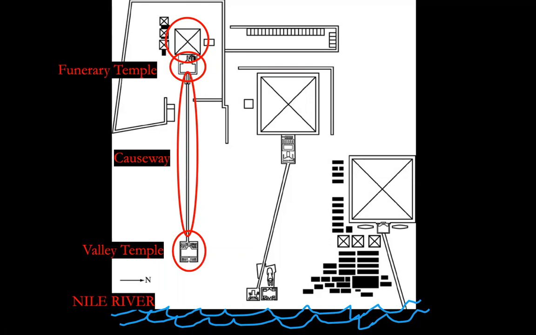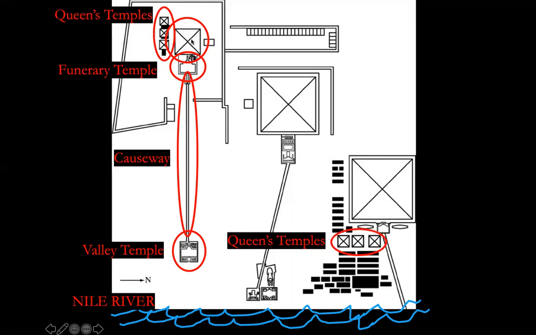So it's just like a fancy processional pathway. And then the valley temple was where the body would be mummified or embalmed and then ferried in a boat down the Nile and then brought into the valley temple. And then from the valley temple through the causeway into the funerary temple and then placed eternally into the tomb.